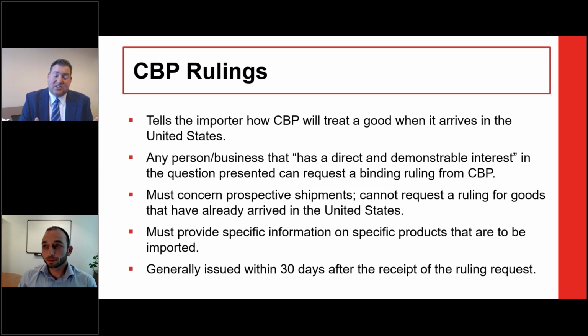But that is a solution for those that may say, look, I have a product, I really don't know where to go with this. Of course, the downside is you've just told CBP what you're planning to do, and if it doesn't go your way, you don't always get the guidance on how to fix it. So there's always that permission versus forgiveness.